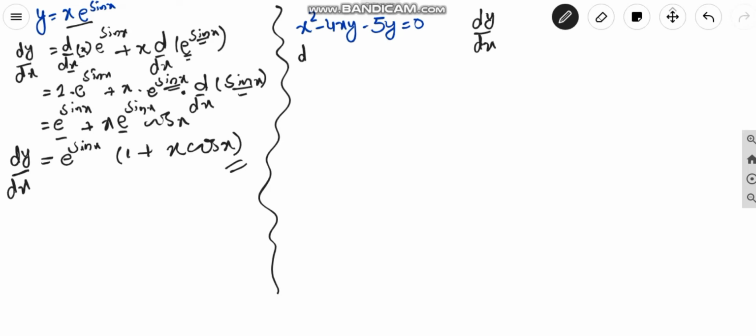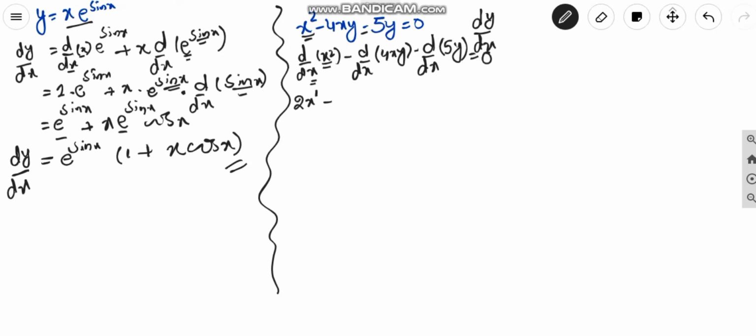As the given function is in the form of a difference of more than two functions, let's take the separate derivative of each function. d by dx of x square minus d by dx of 4xy minus d by dx of 5y equals 0. Now the derivative of x square with respect to x, you can use the power rule: place the power at the start and reduce the power by 1.